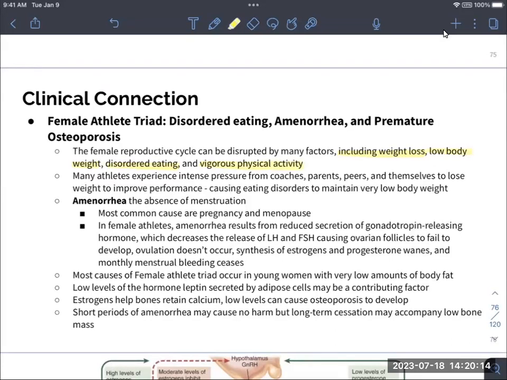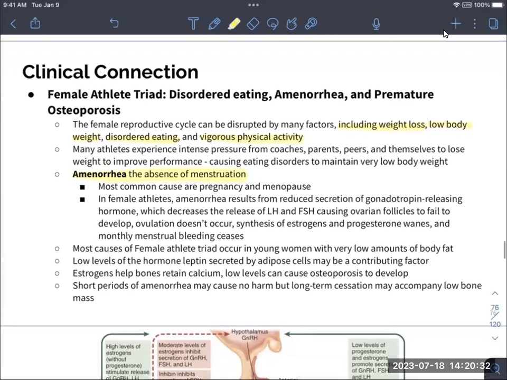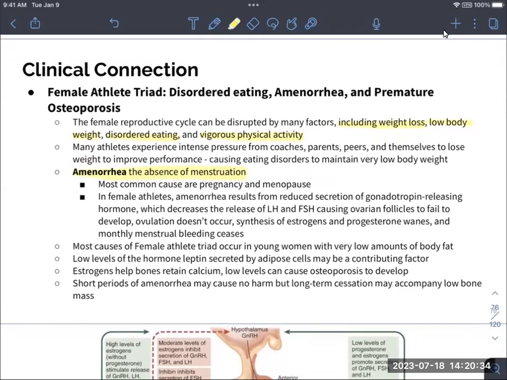There are a lot of athletes that actually experience this. They want to lose weight to improve performance. This can cause eating disorders. Amenorrhea is the absence of menstruation. Outside of this female athlete triad, the most common causes of amenorrhea are pregnancy and menopause.